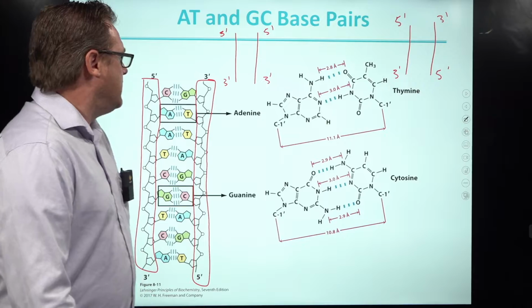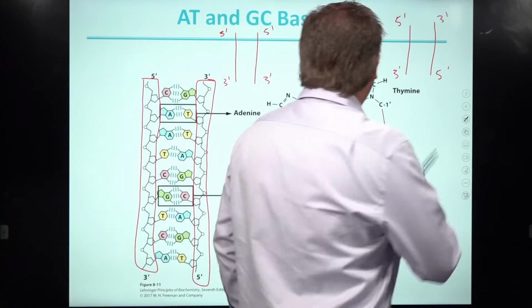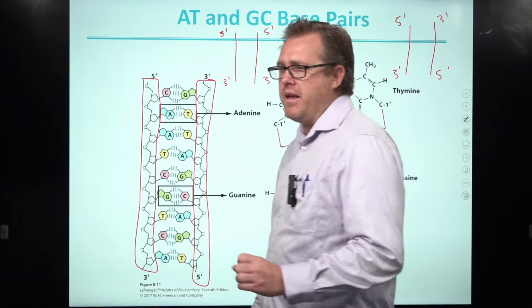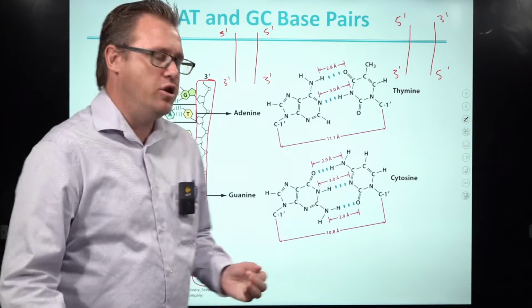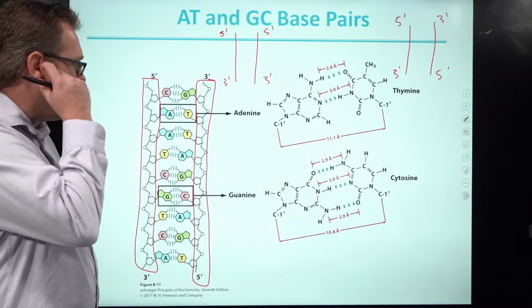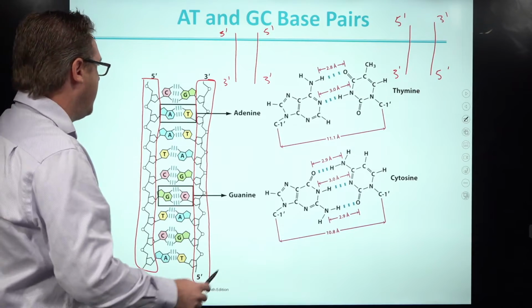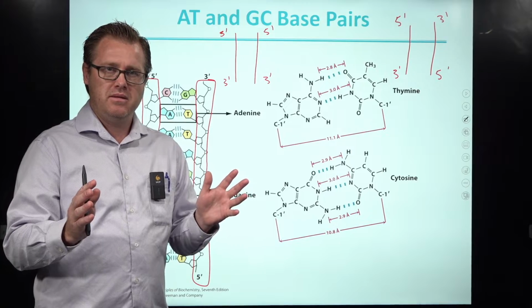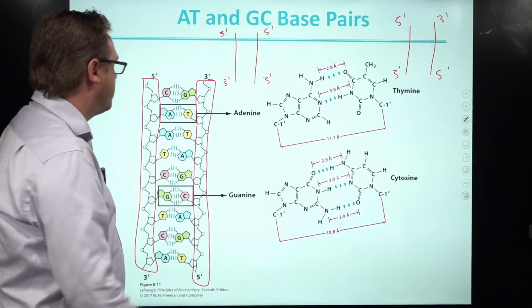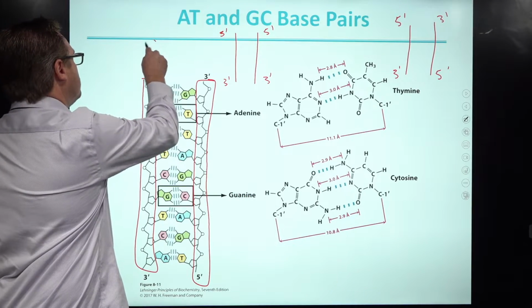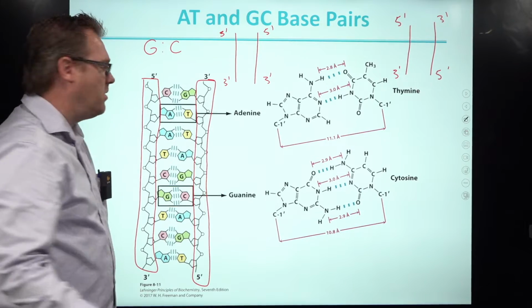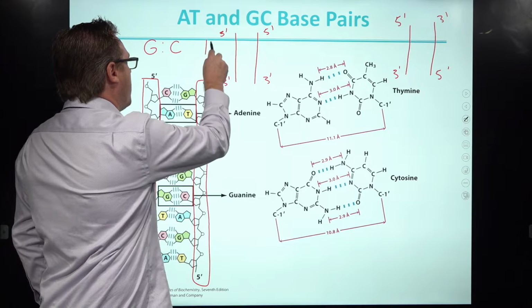Another thing that they noticed about a DNA molecule is that when they looked at the nucleotides, it didn't matter what fragment of DNA they looked at, they always noticed that the ratio of G to C was always 1 to 1.